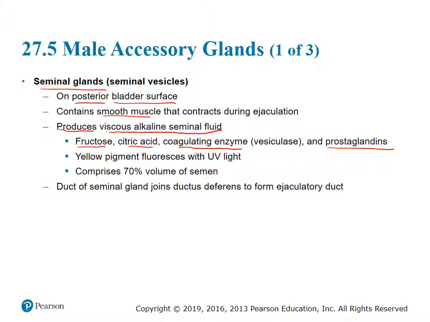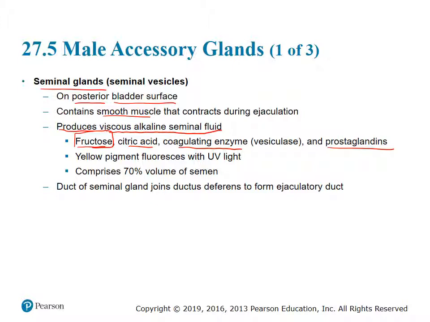I find this very interesting because, for example, fructose is a type of carbohydrate, and fructose can be used by the sperm to be converted into ATP to continue to be used as energy to move that tail in the vagina. So that's why fructose is there.